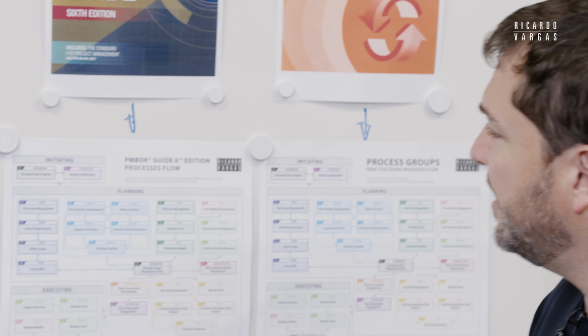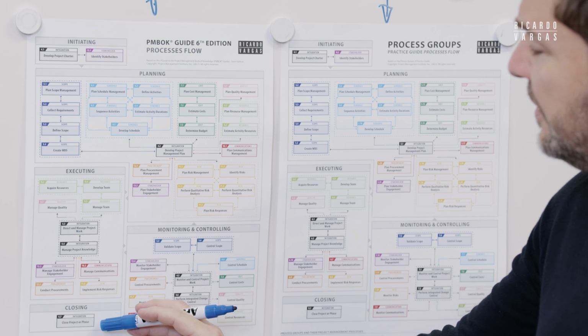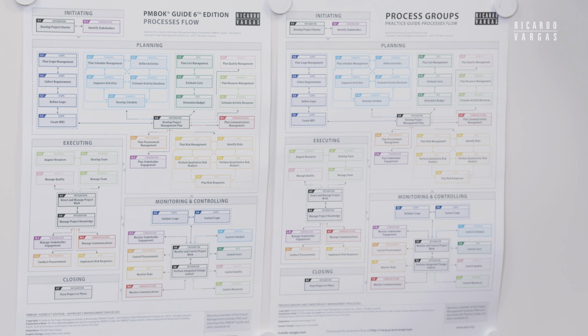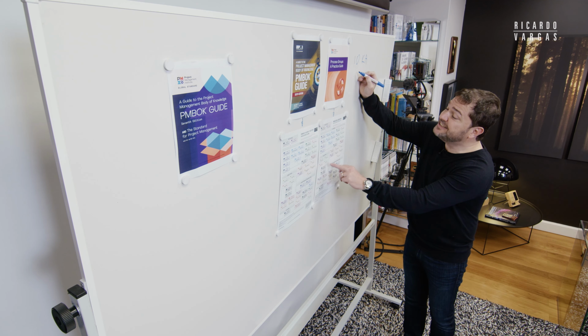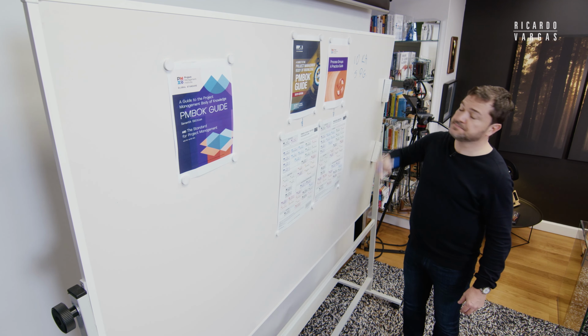And regarding process groups, remember: initiating, planning, executing, monitoring and controlling, and closing. So absolutely the same 5 process groups.